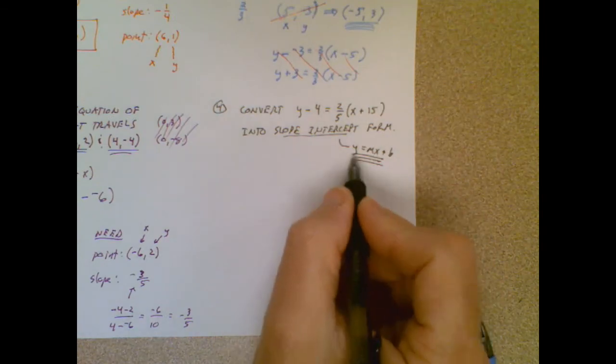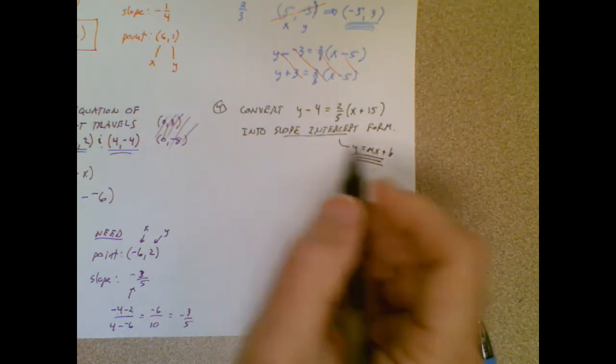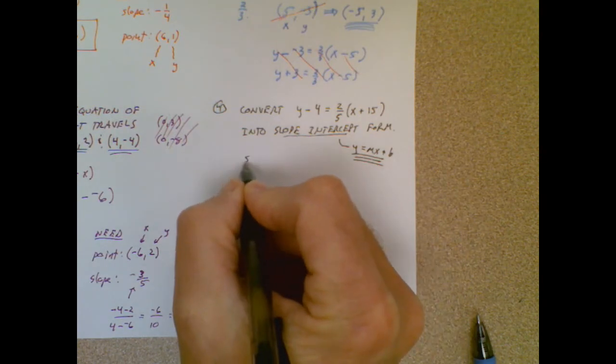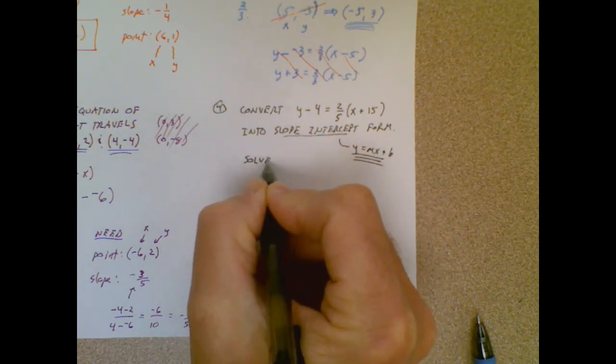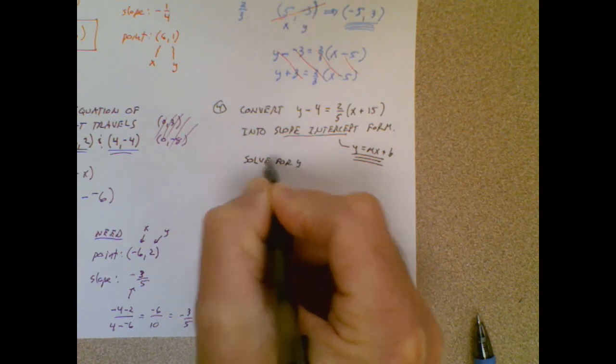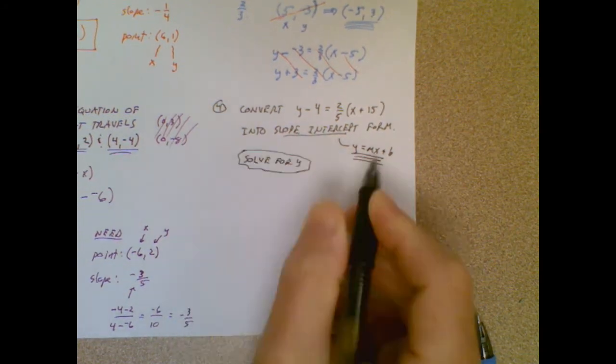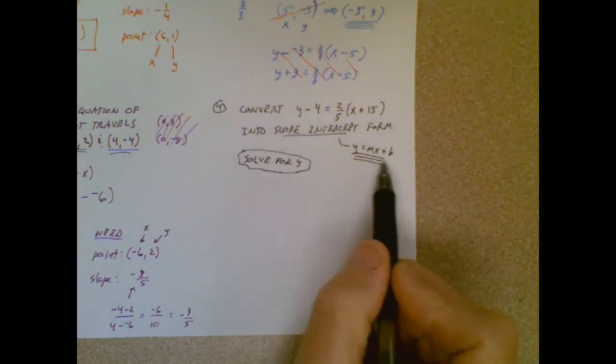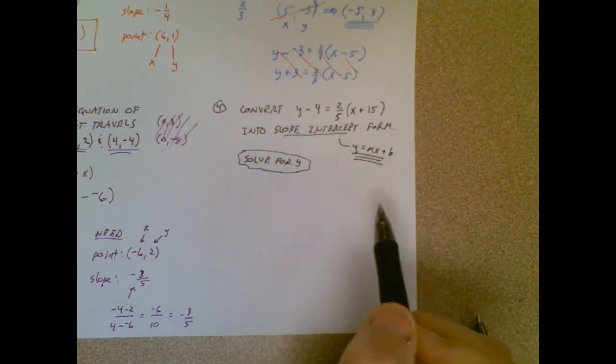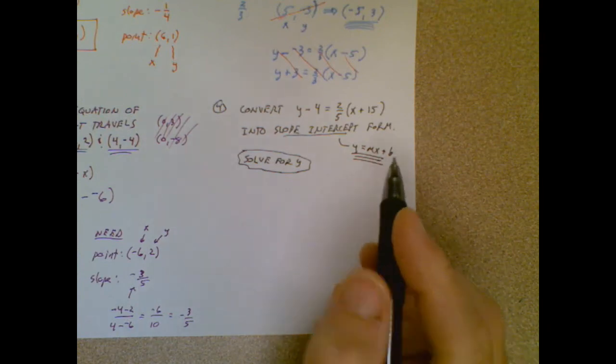Well, when I do that, you notice that y is by itself. So when I look at a problem like this, I'm thinking to myself, solve for y. If I can solve for y, get y by itself, I'm almost always in slope-intercept form, or I'm darn close.